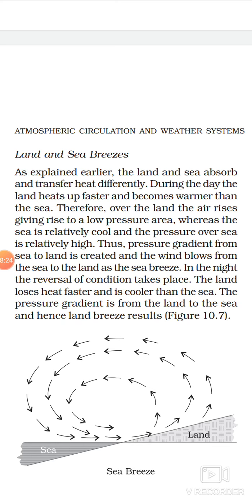And when the land masses or the coastal regions, the continent part or the land part of the earth, get heated faster than the sea, then it creates a low pressure belt over its surface. So a low pressure area is being created over the surface of land.